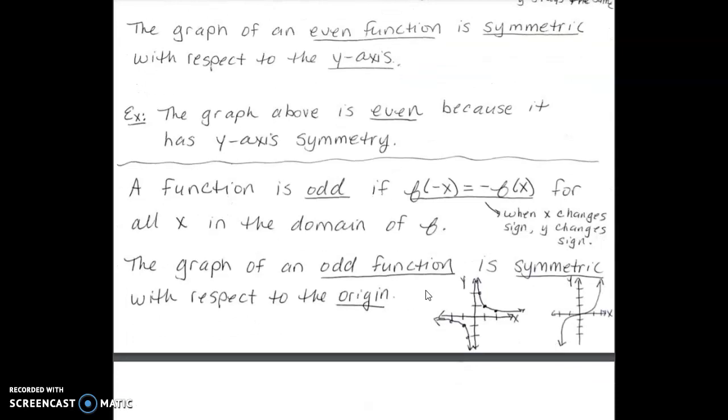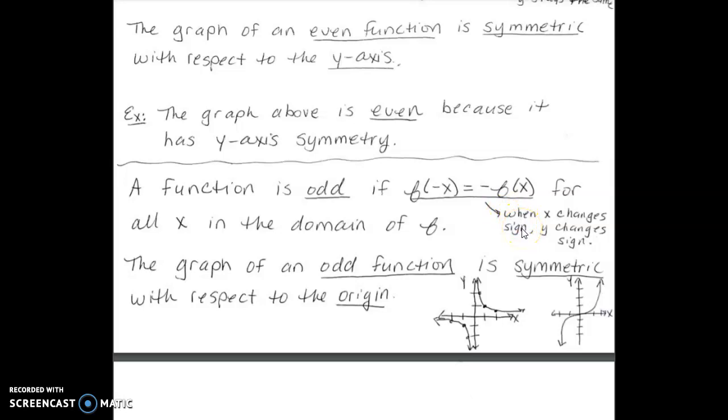All right, we would consider a function to be odd if f of negative x is equal to the negative of f of x. So all this says is that when x changes sign from negative to positive, the y, or the f value, also changes sign. So when x changes sign, y changes sign.